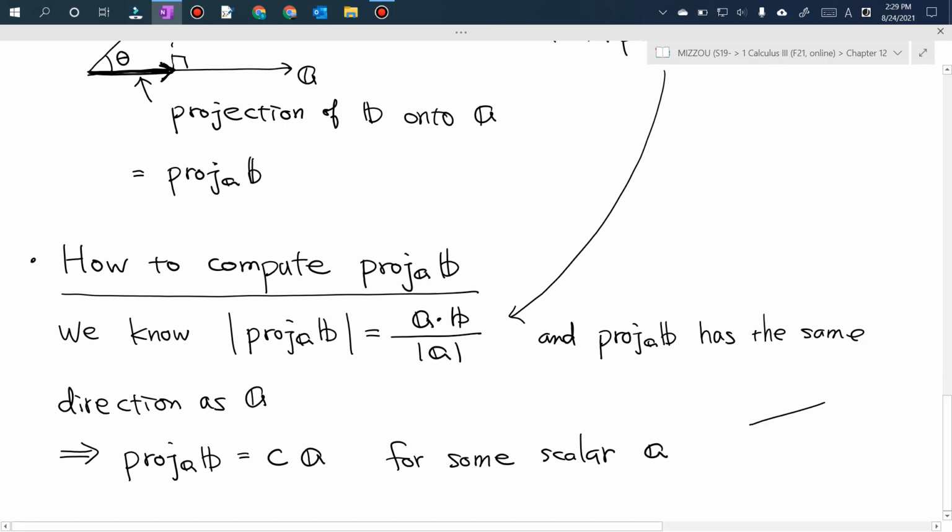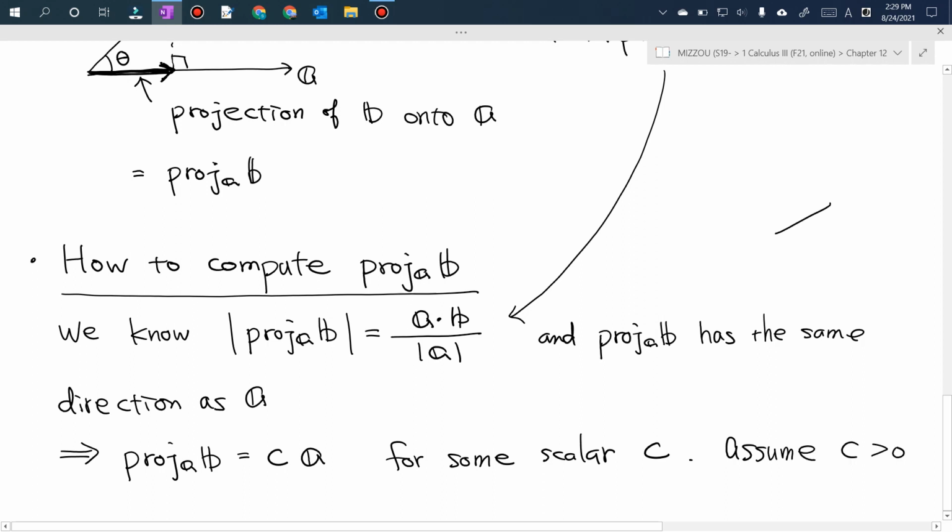So in this case, like vector A and the proj is here. So that means by shrinking A by some appropriate number, you get proj. So for some scalar C. But let's assume for now that C is positive.